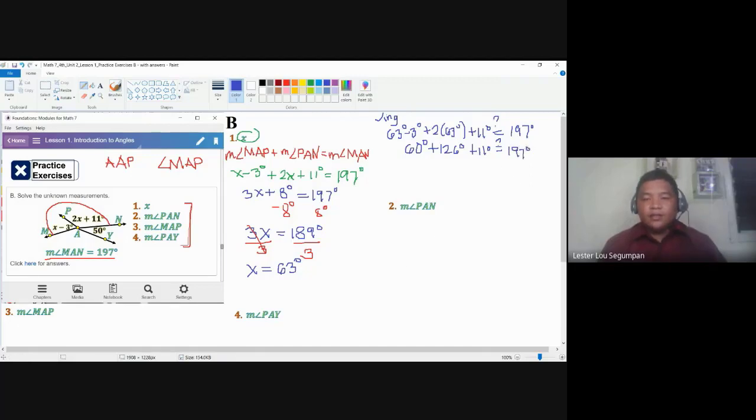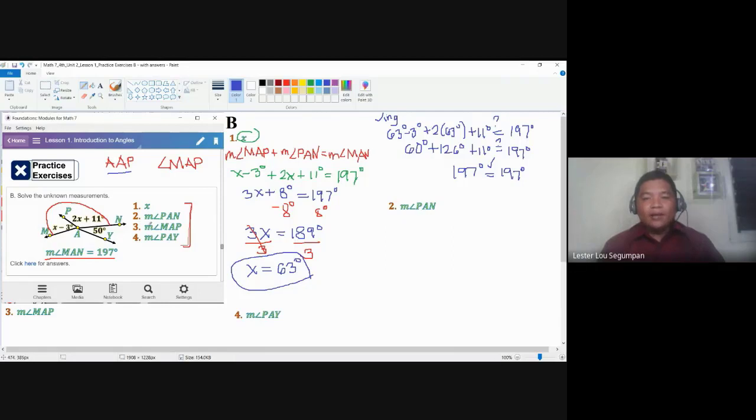So next would be the sum of the two. So you have 60, 197. So you have 197 degrees is equal to 197 degrees. It satisfies the sum of the two angles under angle addition postulate. That would mean we are 100% sure this is correct. Now that we are sure it's correct, we can now solve for the rest.